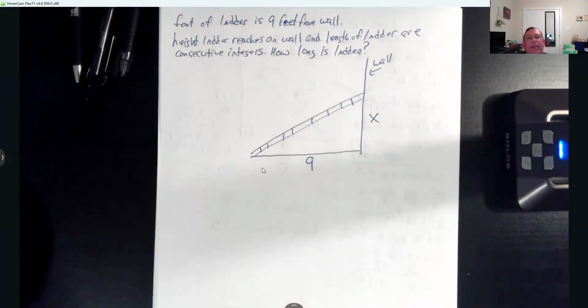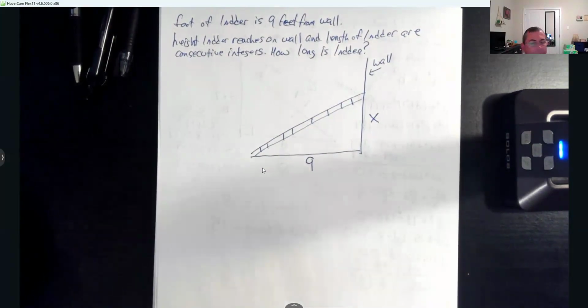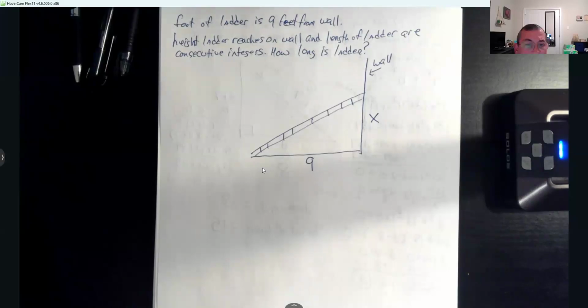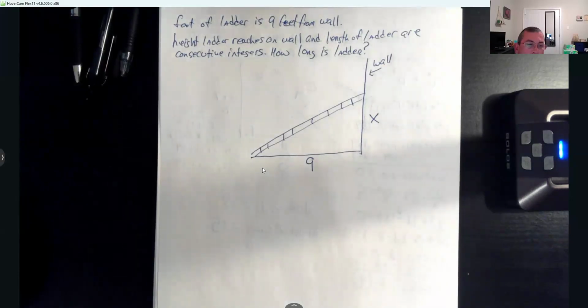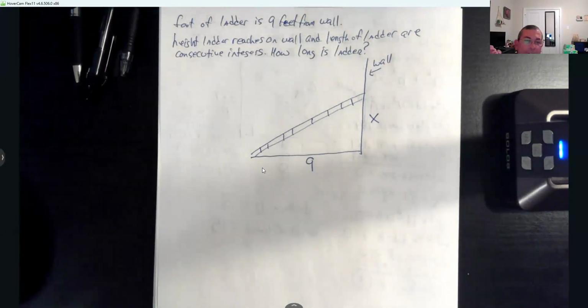What does it mean to be consecutive integers? So y'all, here's the thing. Integers are your numbers, your negative numbers, 0 and 1. So to be consecutive, they're talking about like 1 and 2, 2 and 3, 3 and 4. 2 integers in a row are consecutive integers. So how can I go from one integer to the next integer?